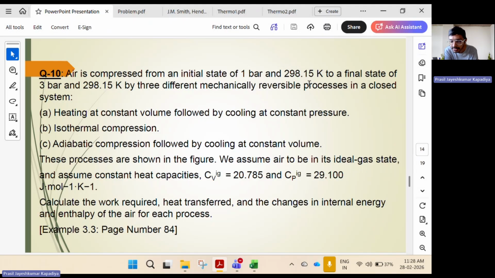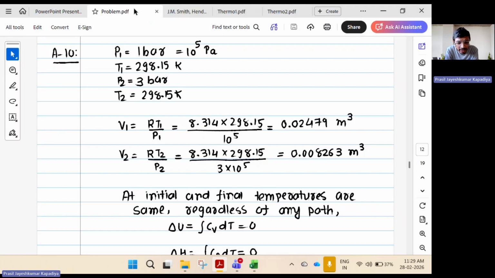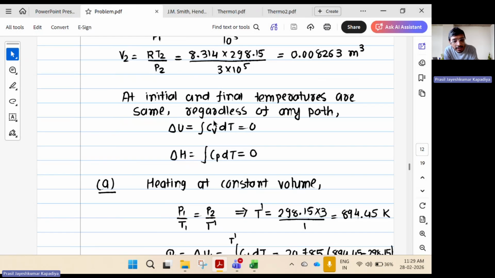As there is no temperature difference, there will not be any change in internal energy or enthalpy, irrespective of the path. So delta U is CvdT, equal to 0, and delta H is CpdT, also equal to 0, as there is no temperature change.